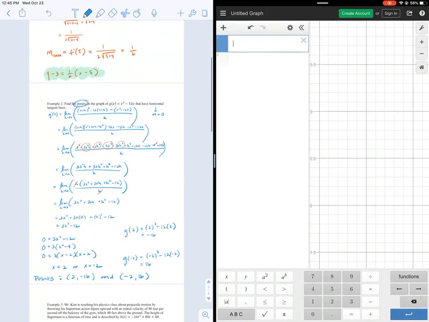So let's graph y equals 2x cubed minus 12x.